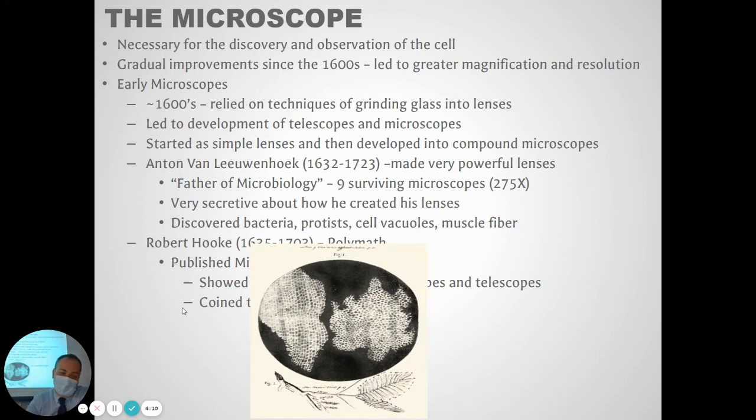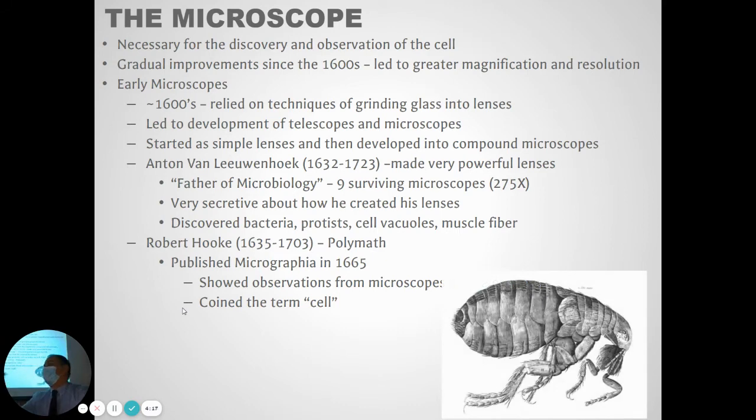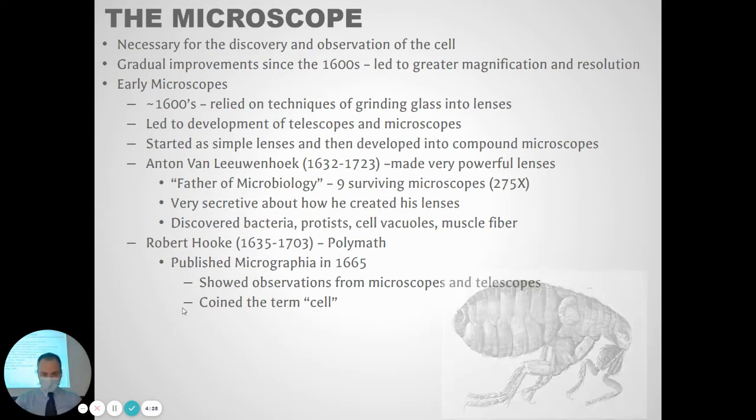This is one of the drawings, and the book of illustrations was like a bestseller, because the everyday person never would have looked through a microscope and would have no idea what these very small organisms and things would look like.